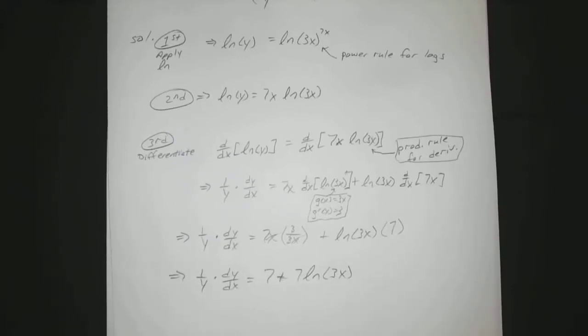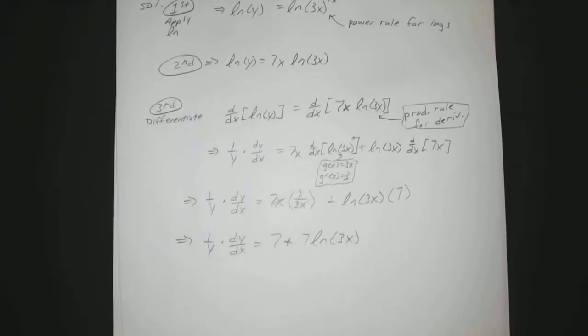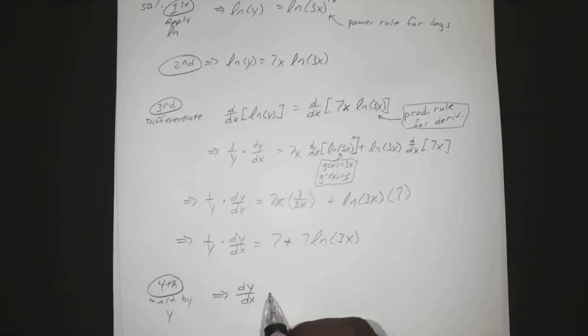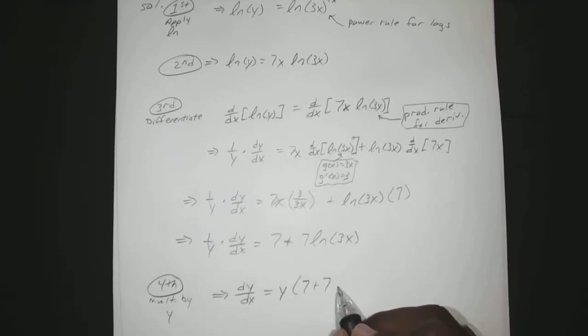Okay. So now we just multiply both sides by y, which is your fourth step. That leaves you with dy dx equals y times 7 plus 7 natural log of 3x.